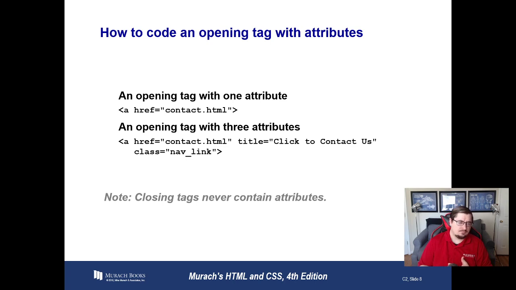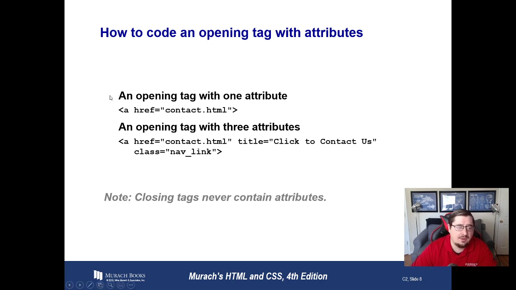If we want to add attributes to a tag, we'll add them to the opening tag. Any tag in HTML can have attributes, but there are only certain attributes that are valid for that particular tag. So you have to know that tag and know what attributes are valid for it.